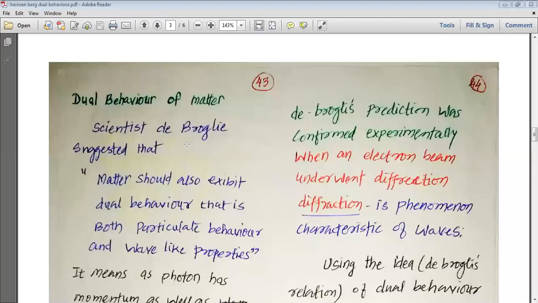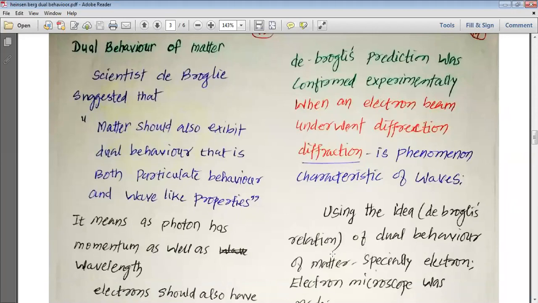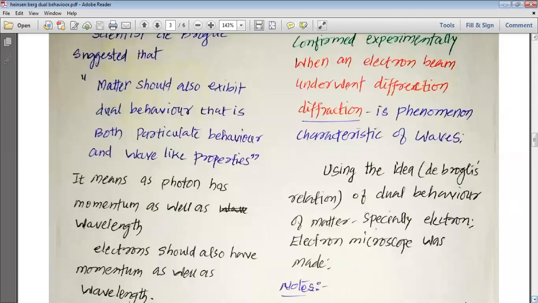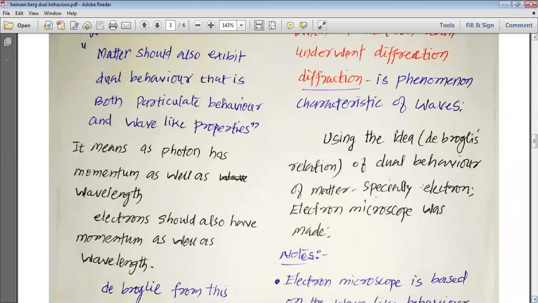Okay. So now we should move to the next one, which is called the dual behavior of matter. Scientist de Broglie suggested that matter should also exhibit dual behavior, that is both particulate behavior and wave-like properties.